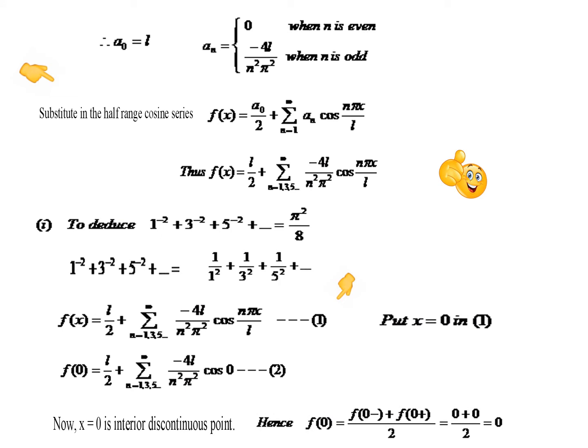And hence the formula for an interior discontinuous point is given by the average of the left hand limit and the right hand limit, like this: f of 0 minus plus f of 0 plus divided by 2. But the function f of x is given as x in 0 comma L. So the value of f of 0 minus and f of 0 plus both will be zeros. So 0 plus 0 by 2, the answer is 0 here.